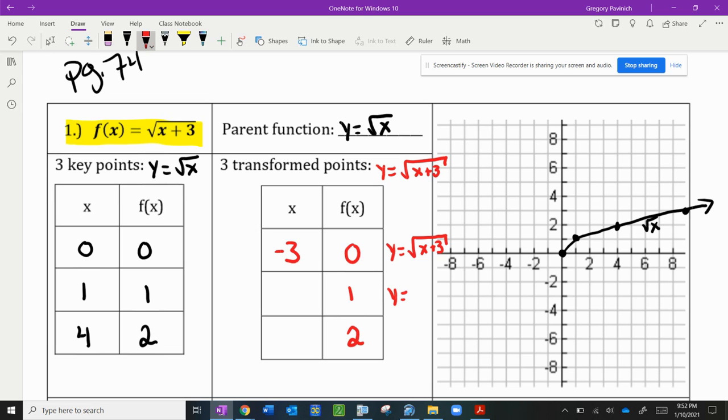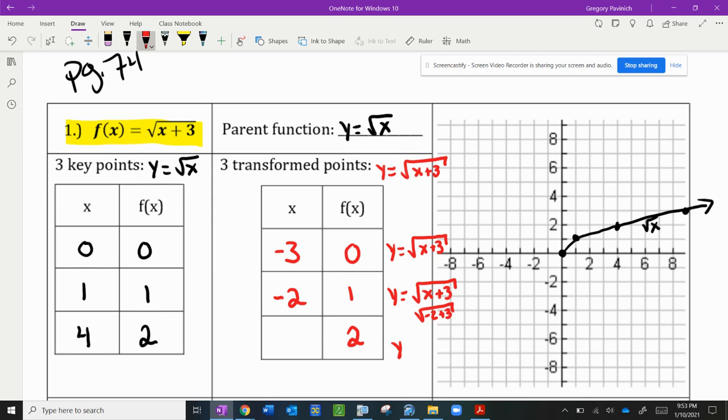Now I'm going to do the same thing, and I want to find which x value would make my output a 1. So I notice if I plug in a -2 plus 3, I get the square root of 1, which is 1. So the next number is -2.